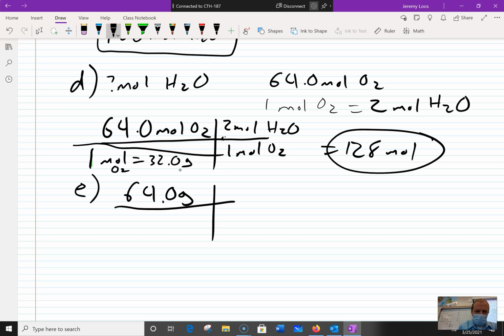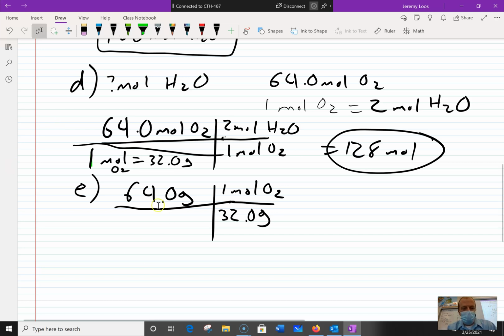So I make my conversion factor there. What goes up must come down, meaning grams on top, so it should be on the bottom in the next one. And again, the map I showed above tells me I should be dividing here. That's why the 32 is on the bottom. So 64 divided by 32 is 2.